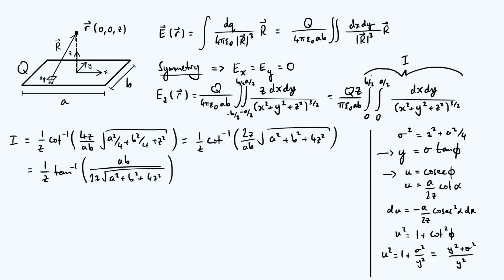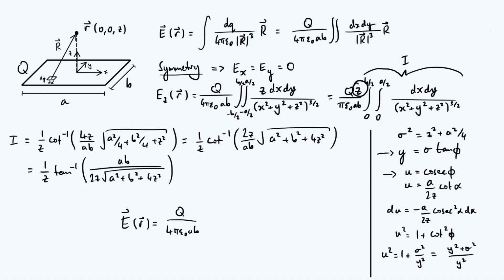Now all we have to do is go back to the fact that I was not the full electric field. We have to multiply the whole thing by this prefactor qz over pi epsilon naught ab. So you get that your electric field, let's put it back in vector form as well. So your electric field at this position z is going to be your prefactor q over 4 pi epsilon naught ab.